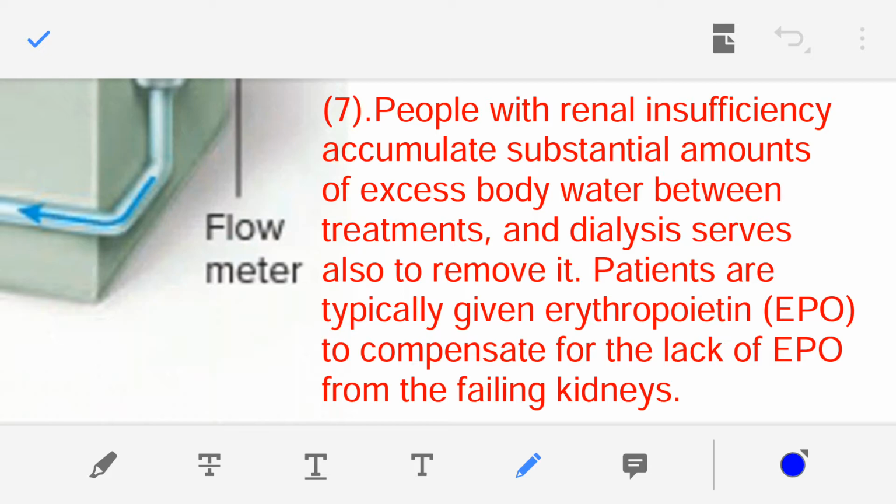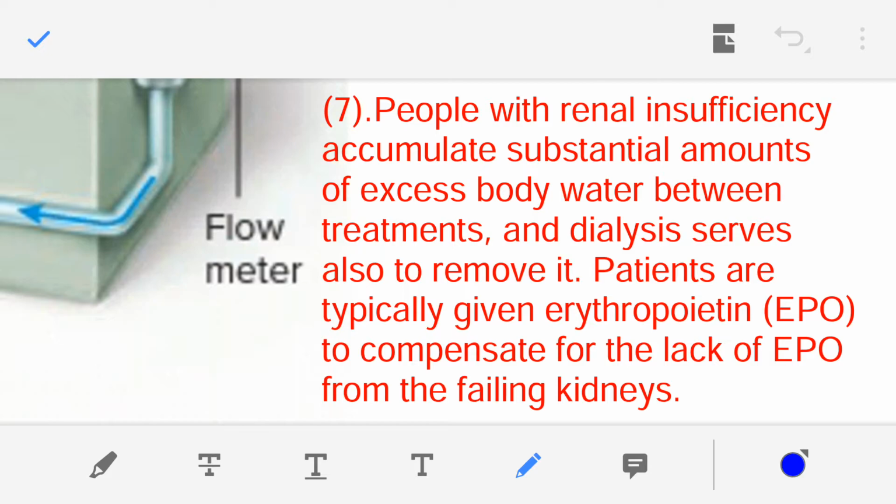So this dialysis principle, this hemodialysis process, this machine, the artificial kidney, helps the patient remove this excess water from the body.